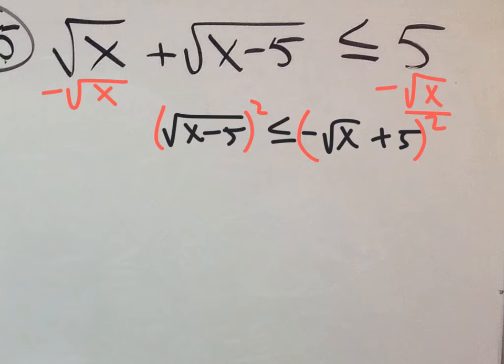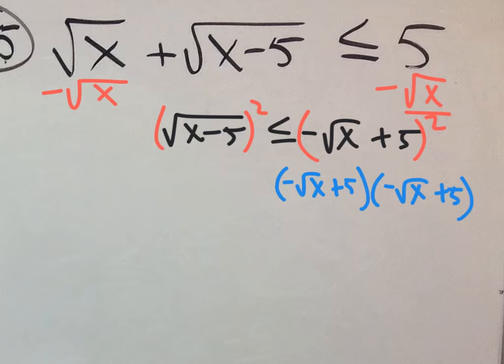I'm going to square this other side over here. And once again, we have the situation where we have a binomial squared. So I need to write that binomial twice. This is going to be negative square root of x plus 5 times negative square root of x plus 5. And on the left side, it really does cancel out, so you do have an x minus 5 over here. Now on the right side, I need to distribute.